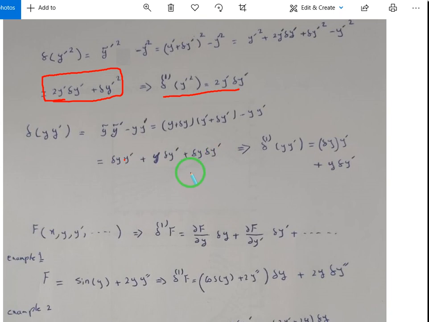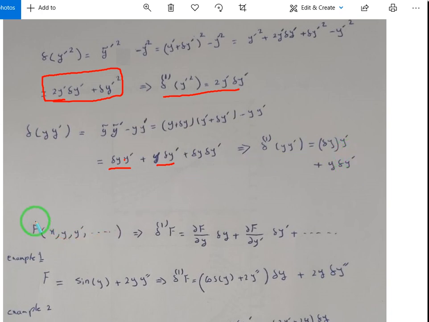In this example, similar to the previous example, if I neglect second order terms or higher order terms, the first order terms are these two terms, or the first variation of y y dash is equals to delta y multiplied by y dash plus y multiplied by delta y dash.